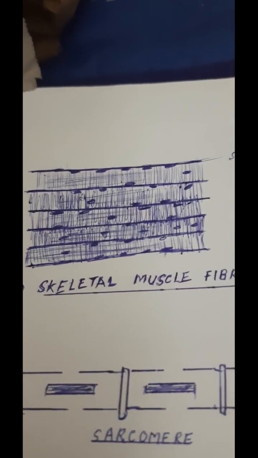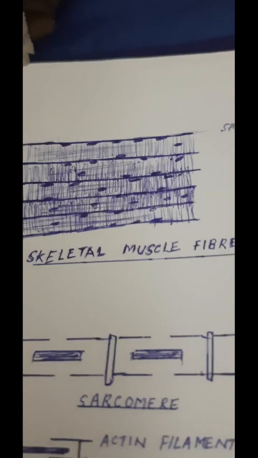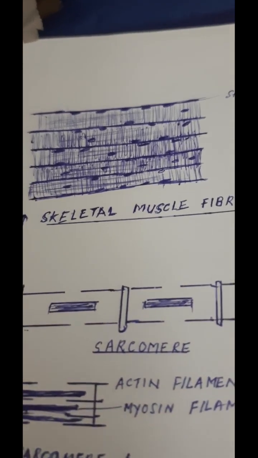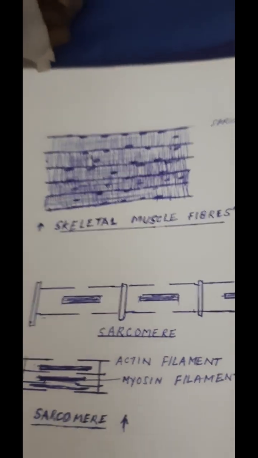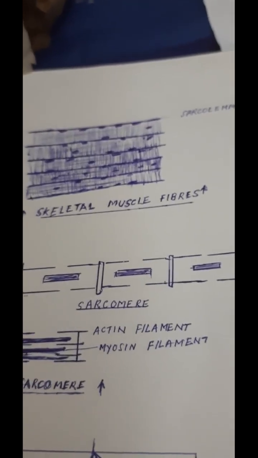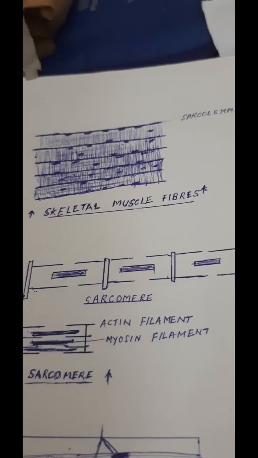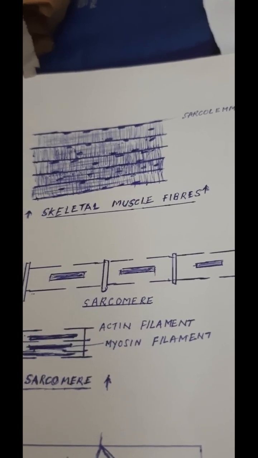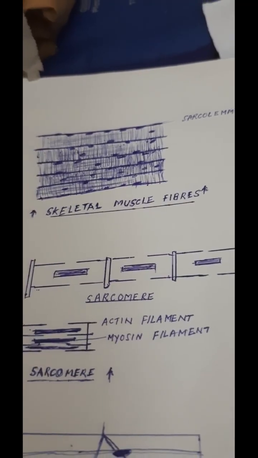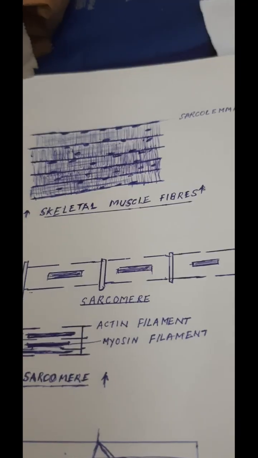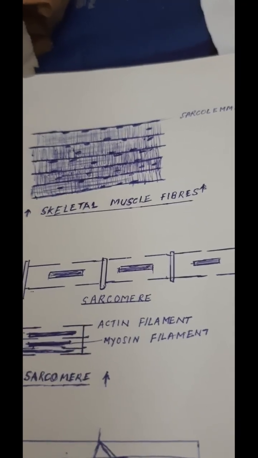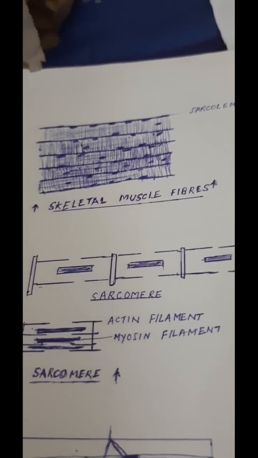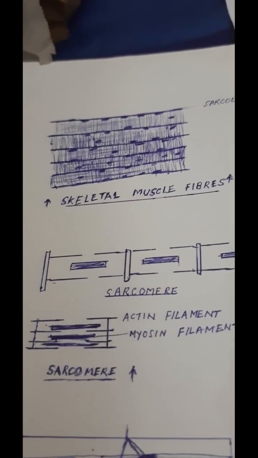All right? And coming back to the sarcomere, what does it contain? You find that the sarcomeres are longitudinally placed. It has two protein components. The outside you find is actin filament, and within that you find the myosin filament.